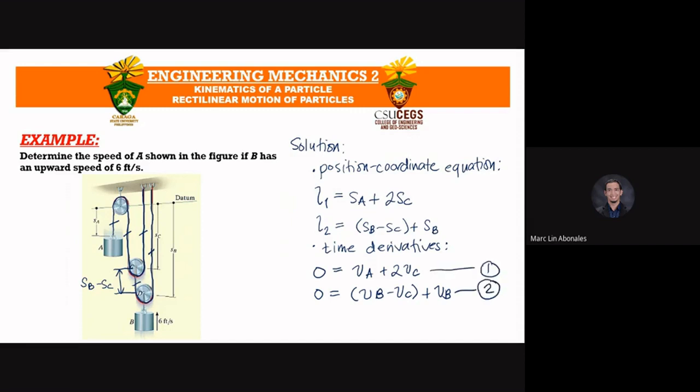Since we are looking for the velocity of block A, from equation 2 we need to determine the equivalent of VC so we can substitute it into equation 1.